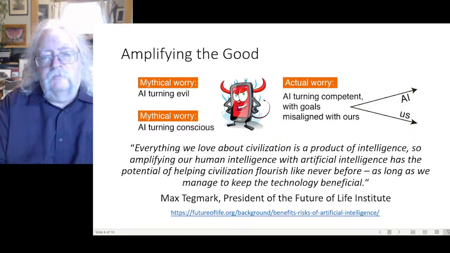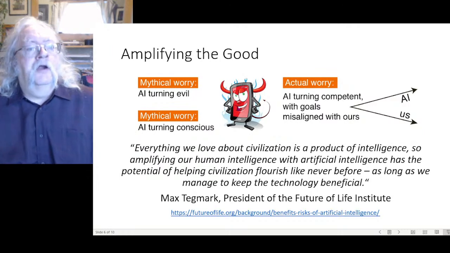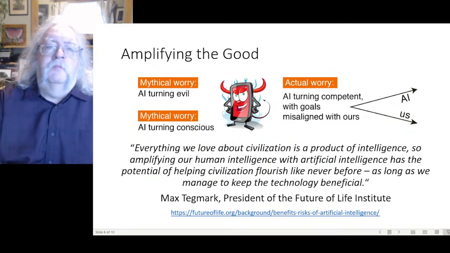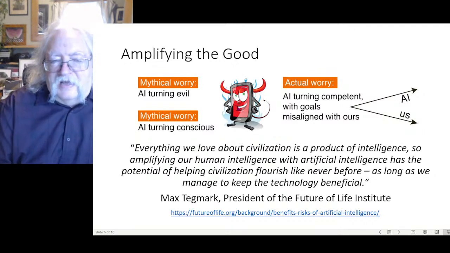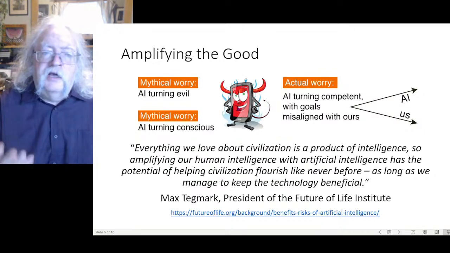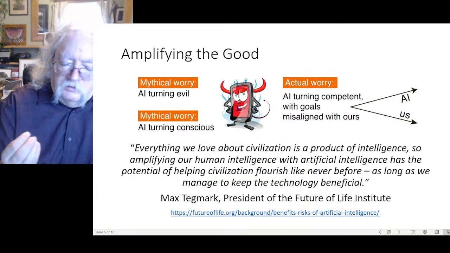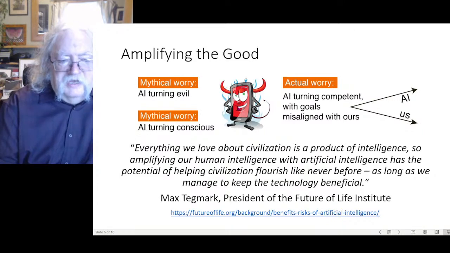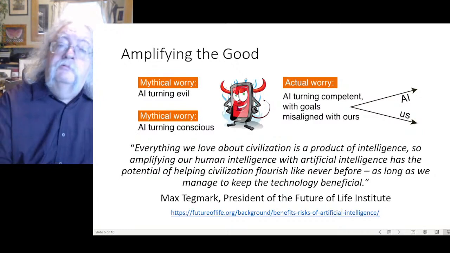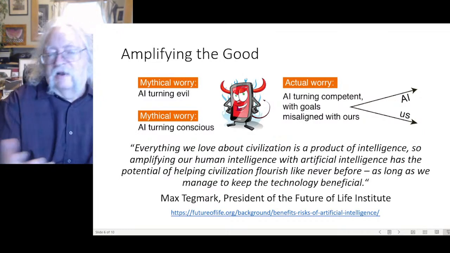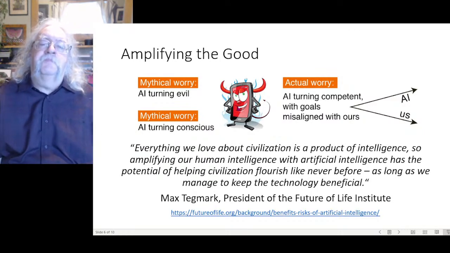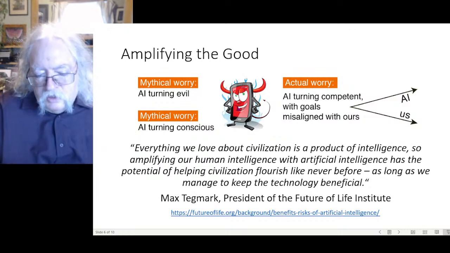But it would not be surprising to see an artificial intelligence reach this conclusion on its own by looking at environmental factors, looking at behaviors, looking at the results of behaviors. It would probably conclude, much like Max Tegmark has, that intelligent behavior results in good results in everything we love about civilization.